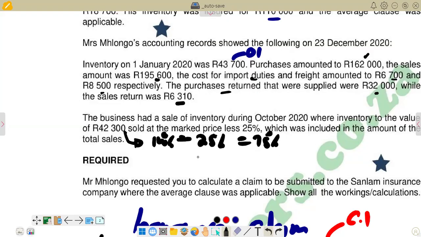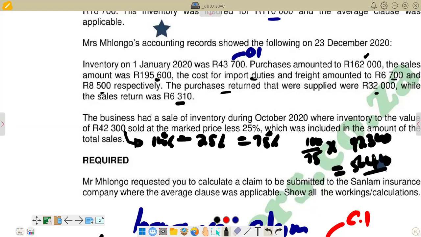What we are going to do is say 100 is what we want, and the figure that we are given, 42,300, is what we have. So 75% becomes the denominator. Then you multiply by 42,300 so that we find the market price. If you calculate there, you are going to get 56,400.